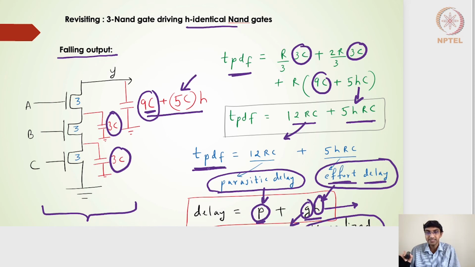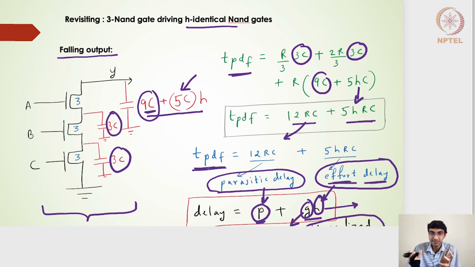So I need to always benchmark my combinational circuits, the 2-input NAND gates or the 3-input gates, with respect to the inverter. The 2:1 inverter, which is a unit inverter, we know the delay parameters for that.